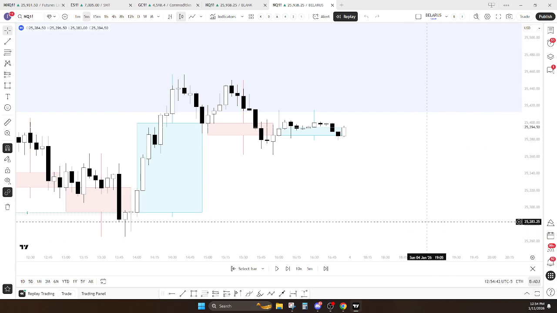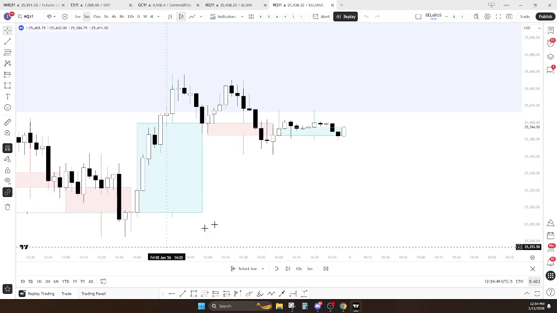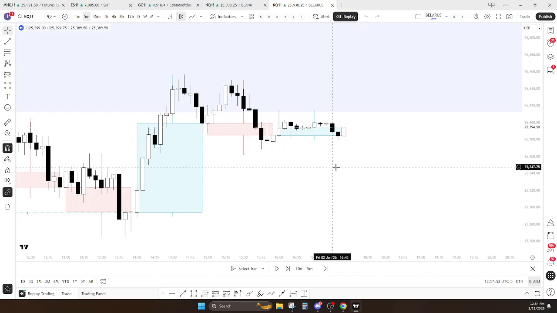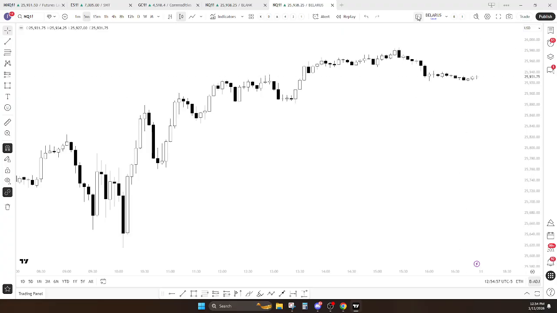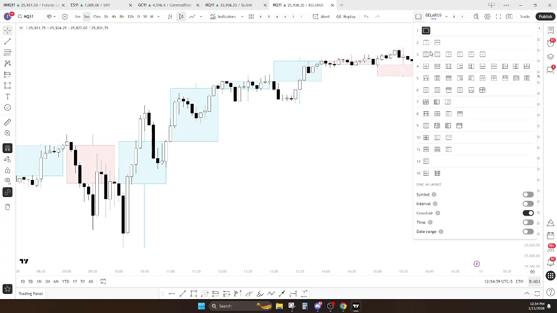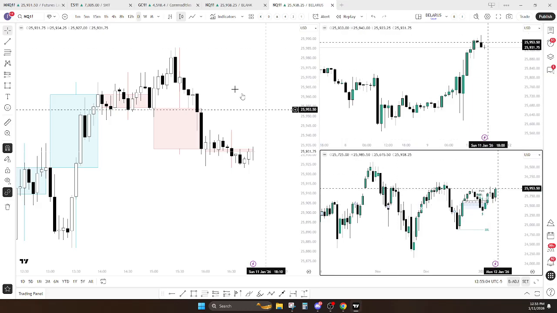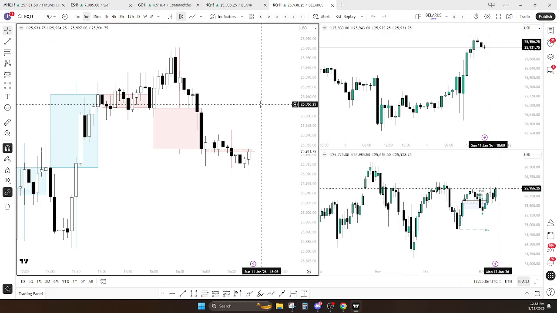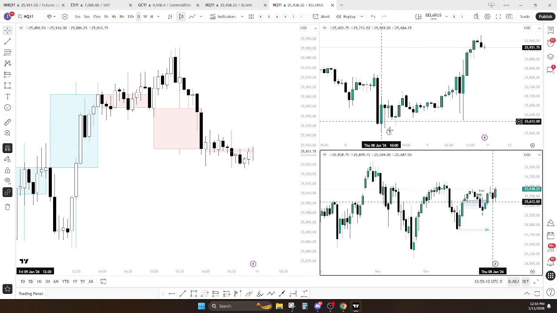Okay. This is what I'm gonna do, because we're using higher time frames for this. I'm going to pop open those extra charts. So we'll do the 1 hour here and the daily there. Do you guys see that? 5 minute, 1 hour, daily, because that's literally how I trade in real life.